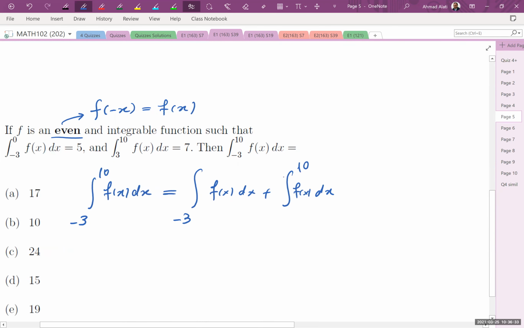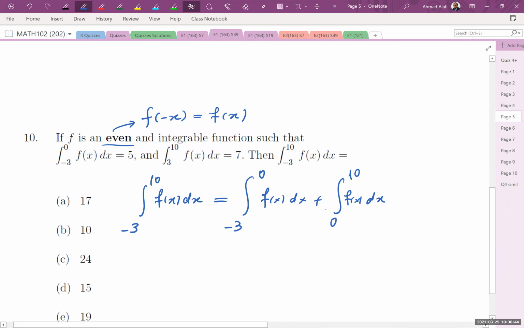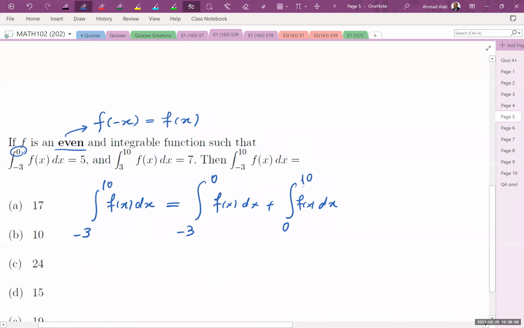No. To 0, from -3 to 0 and from 0 to 10. Why? Because we have it here. Of course, you can say to 3 also. If you use it from -3 to 3, then from 3 to 10, you can use it also. It's okay, so it is not a bad idea, by the way. Who said from -3 to 3 and from 3 to 10? It's okay also.